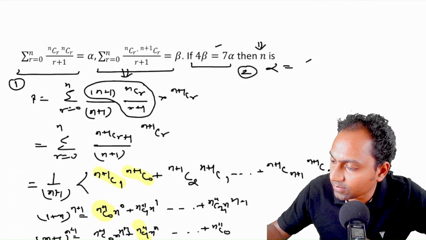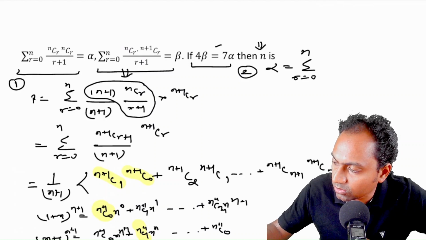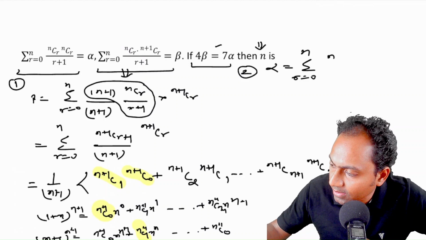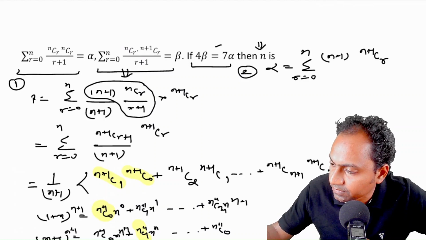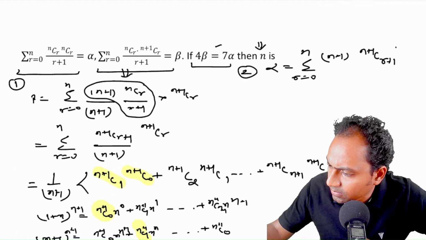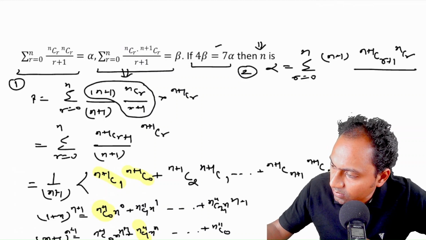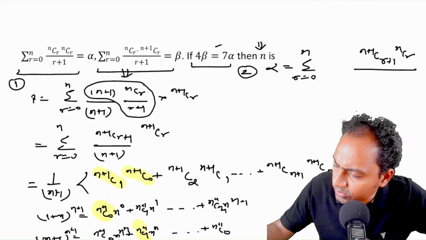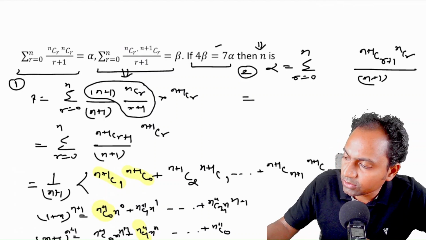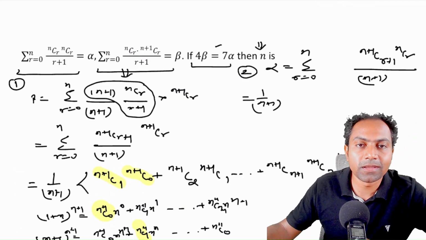In this summation, from r is equal to 0 to n, we can multiply by n plus 1. So this becomes n plus 1 C r plus 1 nCr. I have followed the same process that I did earlier. So this 1 upon n plus 1 can again be taken common.